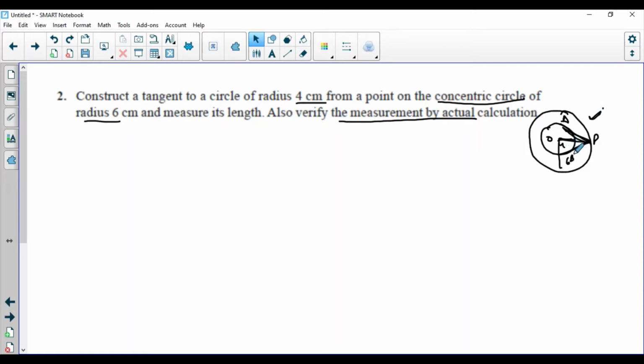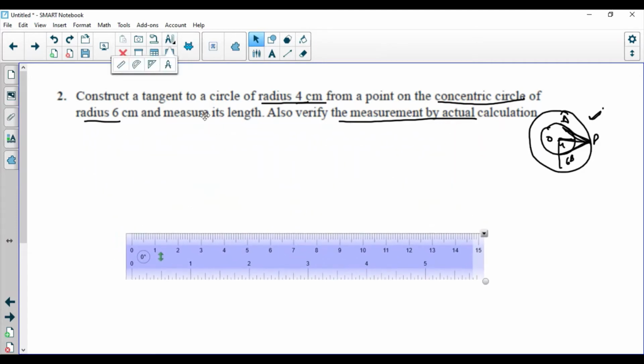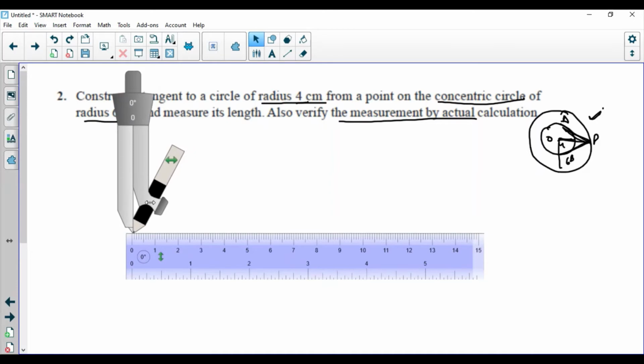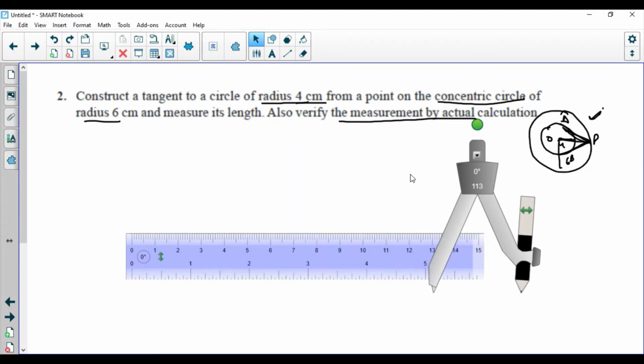Now we will start our construction. First, we will draw one circle of radius 4 centimeter. So 4 centimeter radius you have to take. Now take any one point as a center.